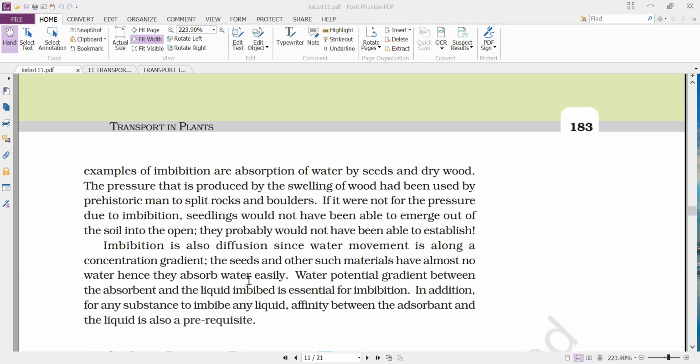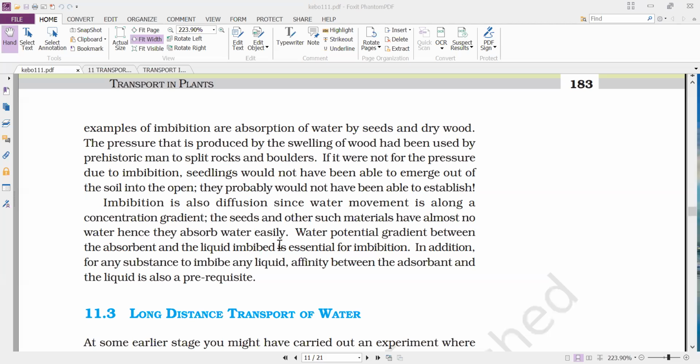So the water can be easily absorbed by this wood, causing imbibition.